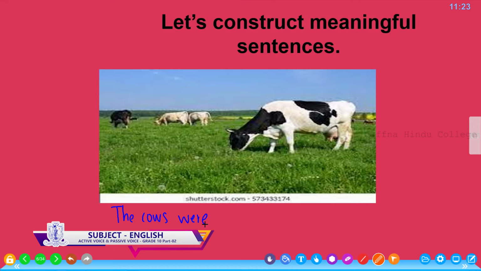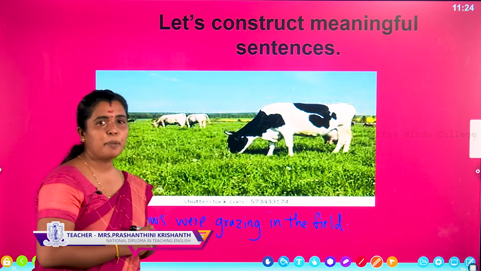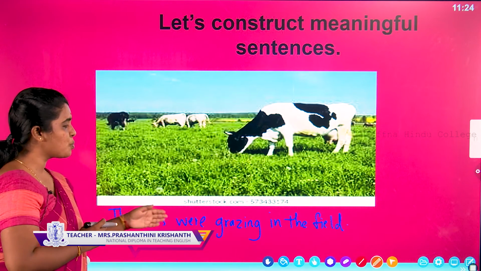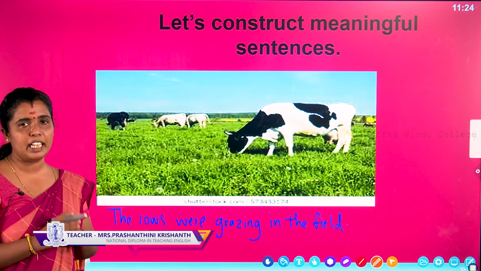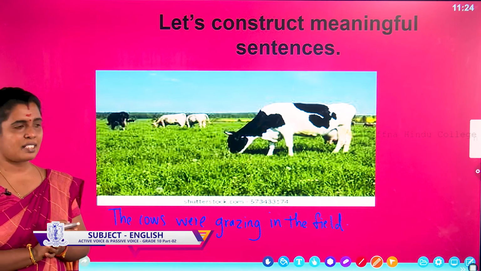The cows were grazing, the main verb plus ing, grazing in the field. So subject, helping verb and verb plus ing. The cows were grazing in the field. Affirmative sentence of past continuous tense.